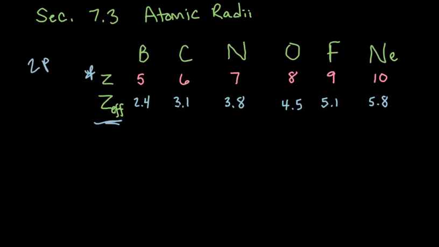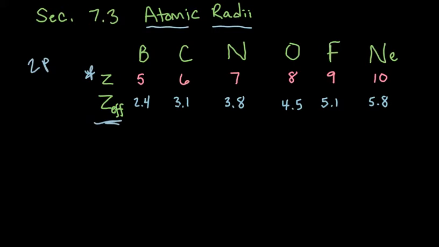What this means is that as we go from left to right on the periodic table, our nucleus is going to feel stronger and stronger to each electron on the outside of that atom. And as a consequence, we'll get back to our actual point here, the atomic radius of our atom is going to be affected by this idea that the Z effective is increasing as we go across the row.